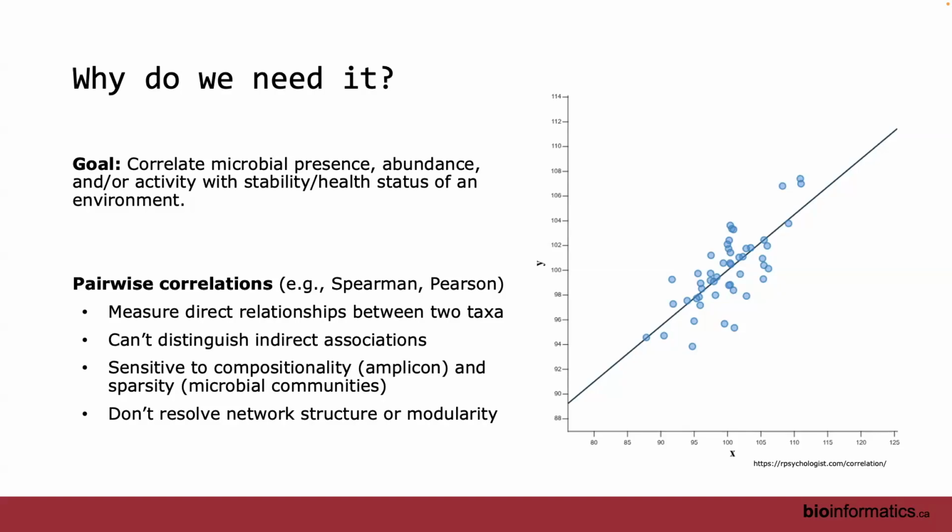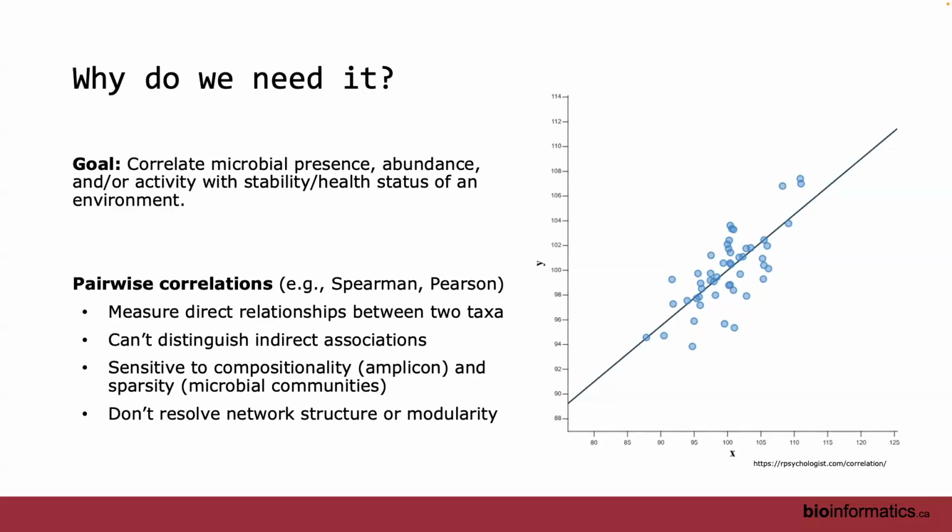So pairwise correlations measure direct relationships, pairwise, so one-to-one. They can't really distinguish the indirect associations. And anybody who knows anything about microbial communities knows there are lots of really complex interactions within these communities. There are emergent properties, emergent metabolisms. There are all types of syntrophies and things that are happening.